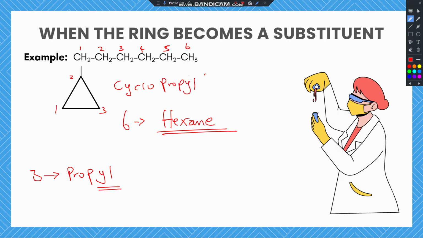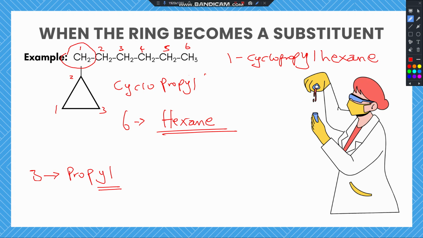Now, what position is it located on? It is attached to carbon number one. You can see it over here. So in order to identify that, it becomes 1 cyclopropyl. That is the identity of the branch. Now let's add it to the parent name, which is hexane.